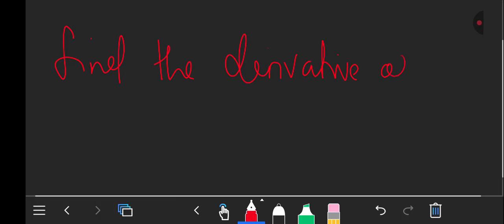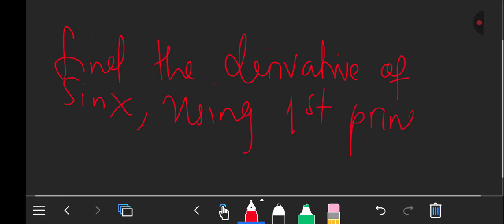Let's look at how you can differentiate sin x. So the first question, let's say find the derivative of sin x using first principle method.